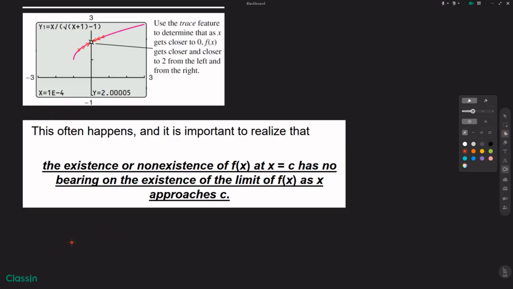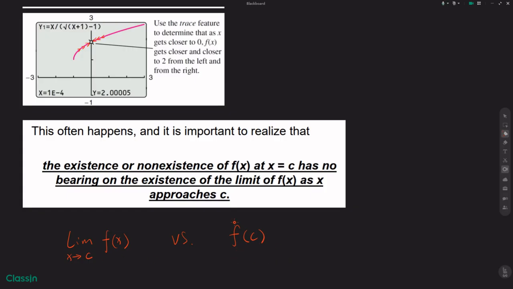So let's say the limit as x approaches c of f of x, versus f of c.